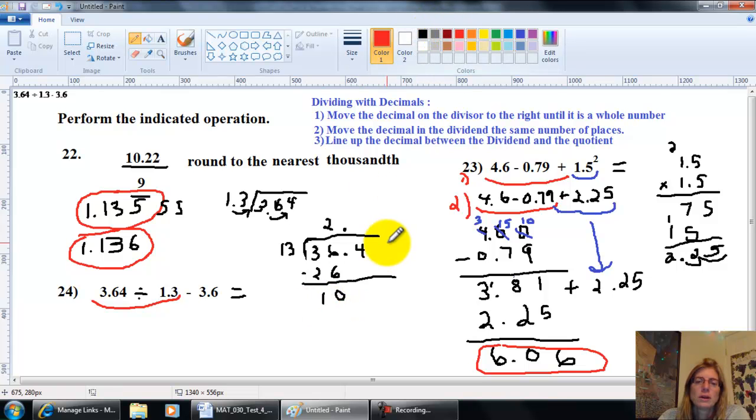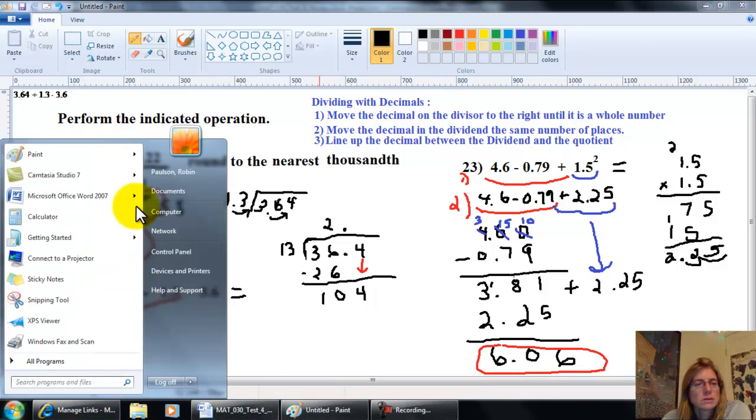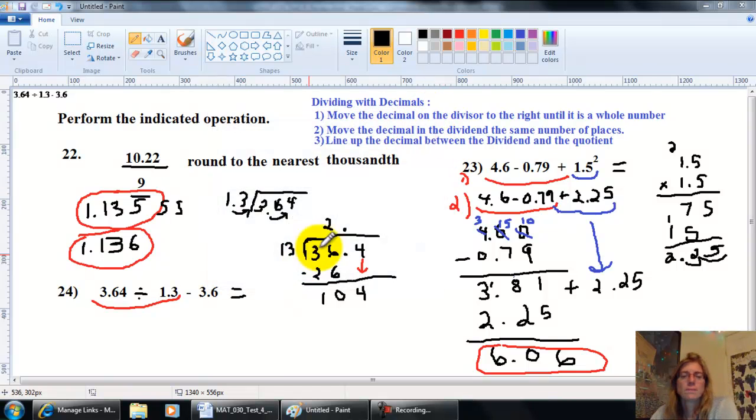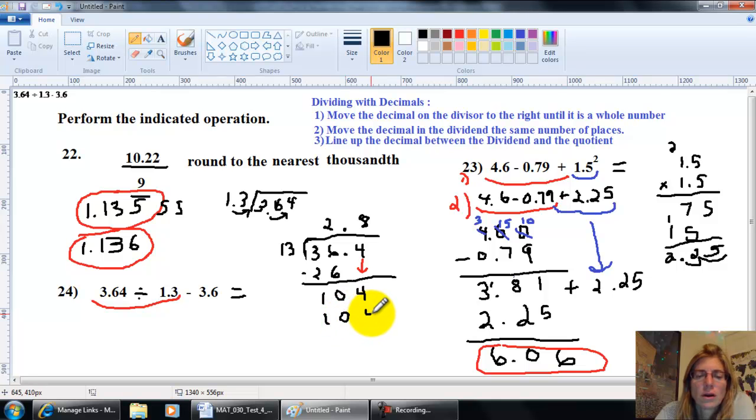And then we're going to bring down 4. And that is going to be 13 into 104. So that goes, I believe, 8 times. 13 times 8 equals 104. Okay. So 8 times 13 is 104. So we got a nice even number there. So that is our division that we did, and we got an answer of 2.8.